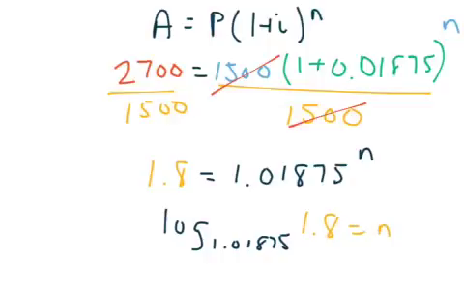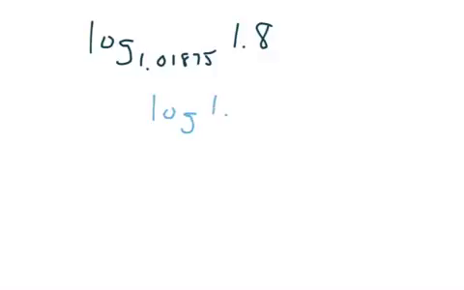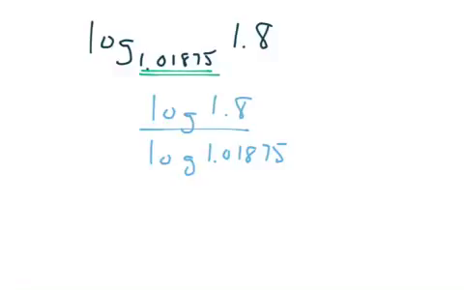Again, using our graphing calculator, we can put it in that way, in this form, log base 1.01875 of 1.8, or if we have to use the old style calculator, log 1.8 over log 1.01875. Notice how in this case and in both cases the base is on the bottom.